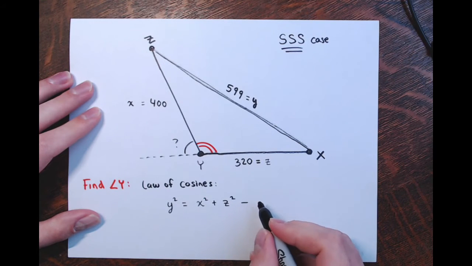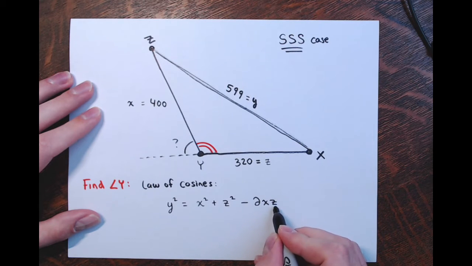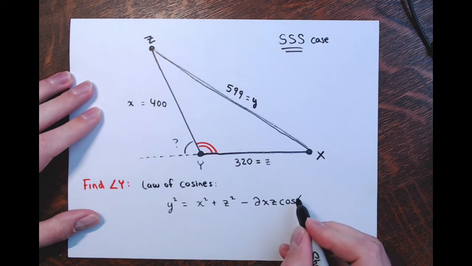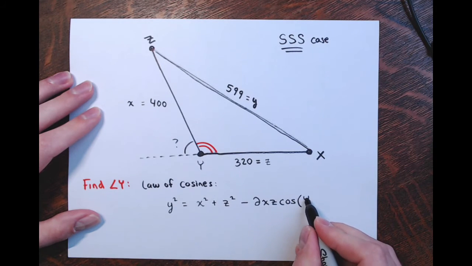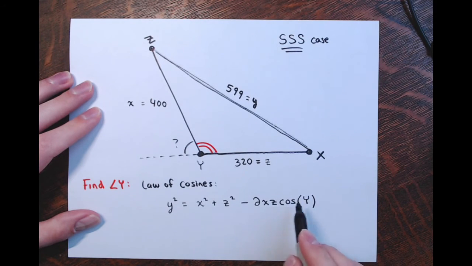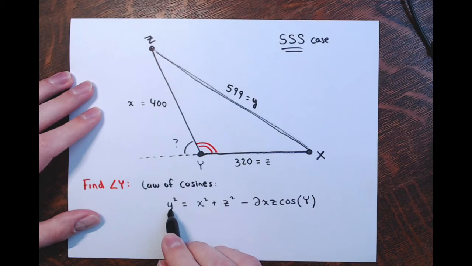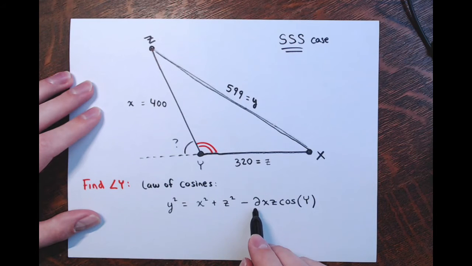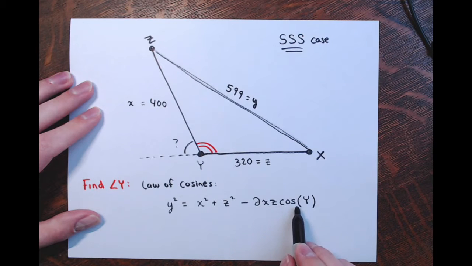Then you subtract 2 times the product of those sides, so 2 times little x times little z, times the cosine of the angle opposite the side I started with on the left side. So y squared equals x squared plus z squared minus 2 times x times z times the cosine of angle y.